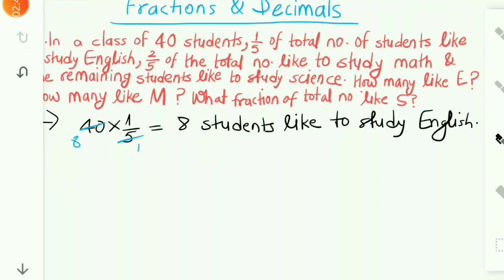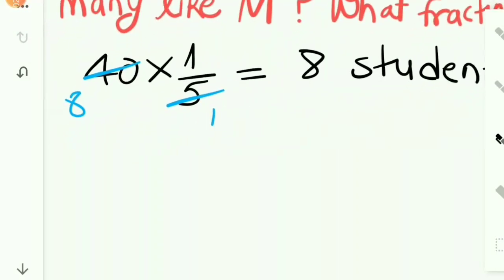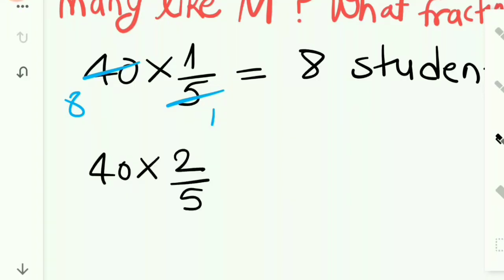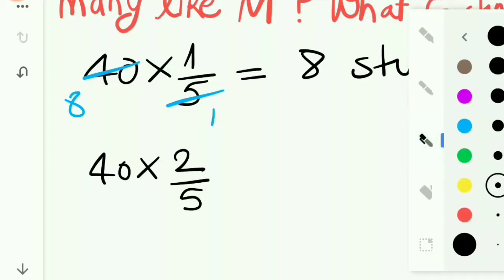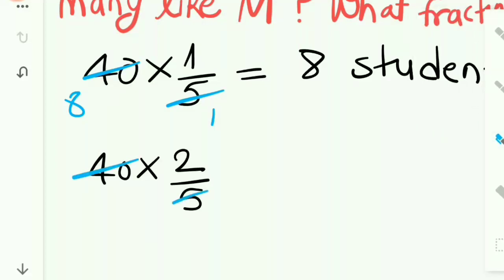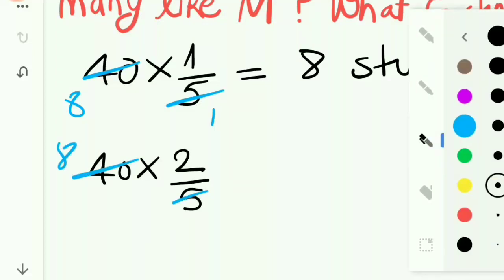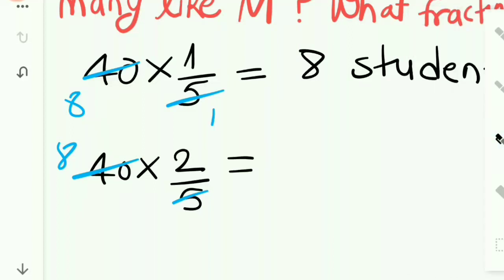Next is 2/5 of the total number like to study math. So 40 into 2 by 5. This is 5 ones are 5, 8s are equal to 8 into 2. So 8 into 2, 16. 16 students like to study math.